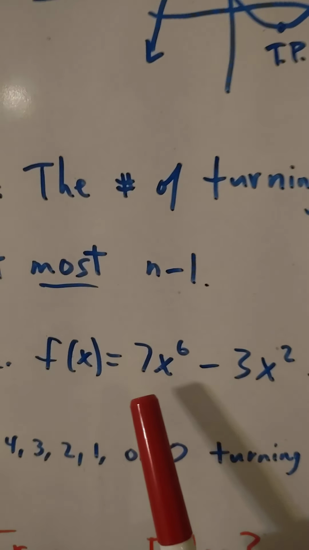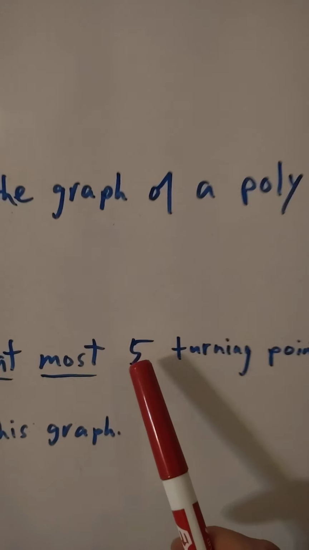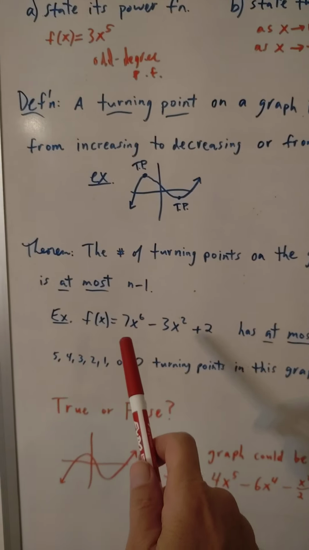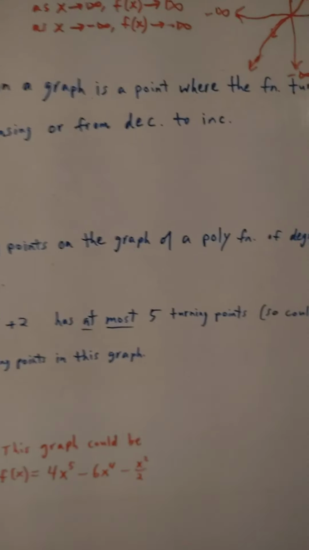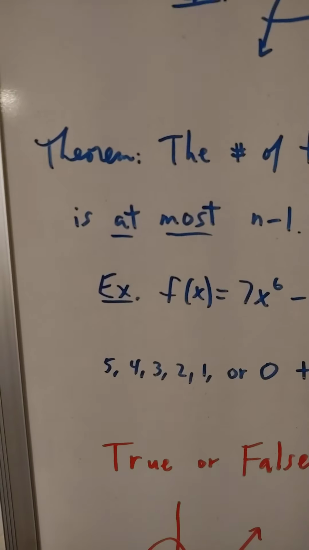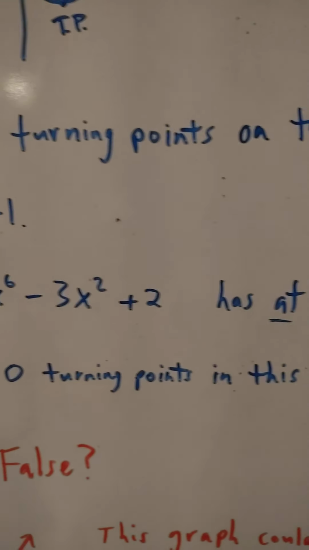So how many at most turning points are there going to be? What's 6 minus 1? 5. So at most there'll be 5 turning points for that polynomial function. That graph could have either 5 turning points or 4 or 3 or 2 or 1 or 0 turning points.